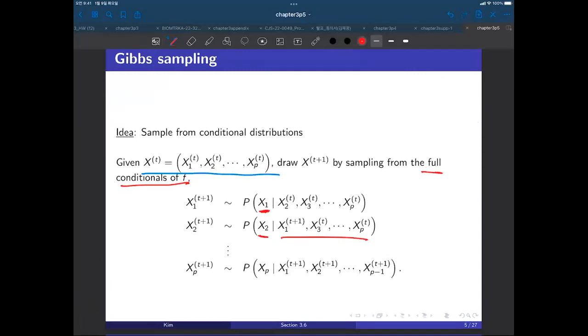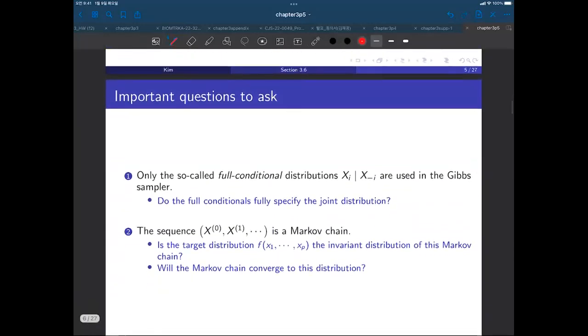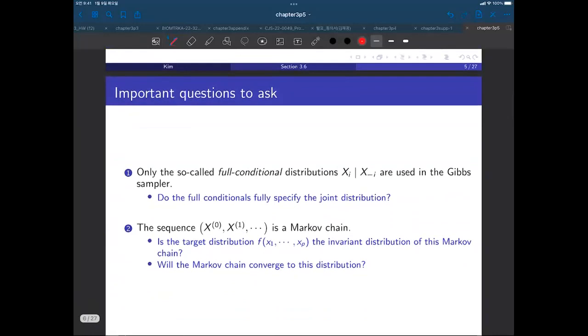The idea itself is very intuitive, right? You just generate from the conditional distribution. Because in this case the left side is univariate, and univariate sampling is usually easy, and everything else is conditional. But the first question is that we only use the full conditional distributions to compute the Gibbs sampling.